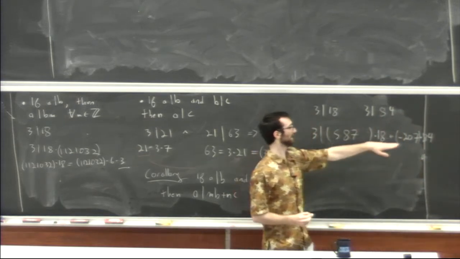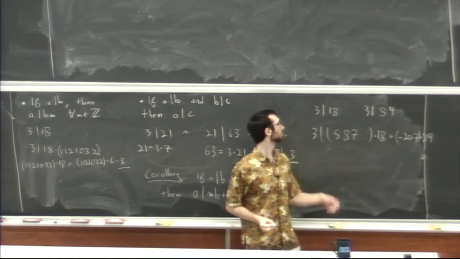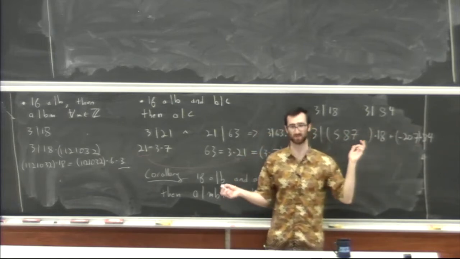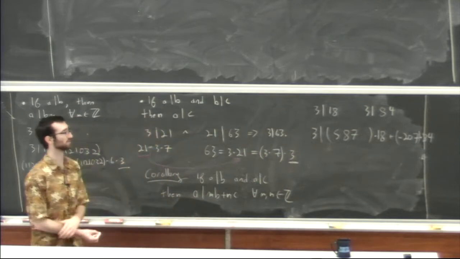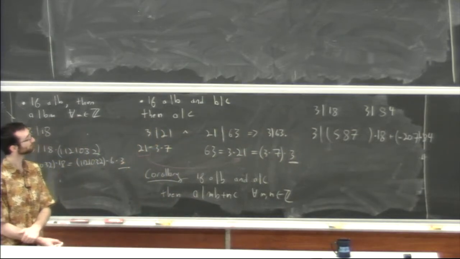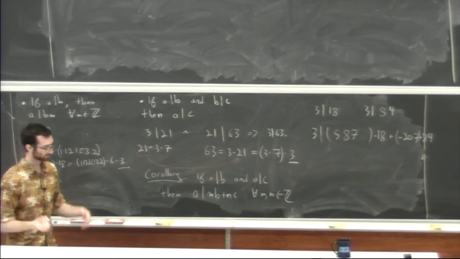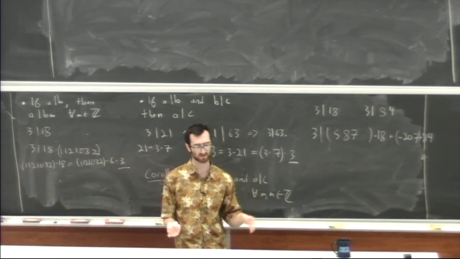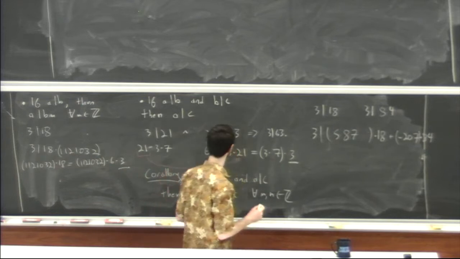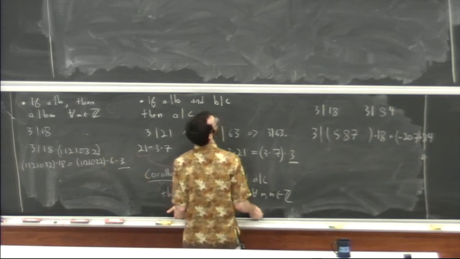Automatically, I can put any integers inside these parentheses, and I know that 3 will always divide this big sum and product, and this corollary just comes from parts 1 and 2 of the theorem. Great. These are probably not too unexpected. It's just kind of the regular divisibility that we're used to.